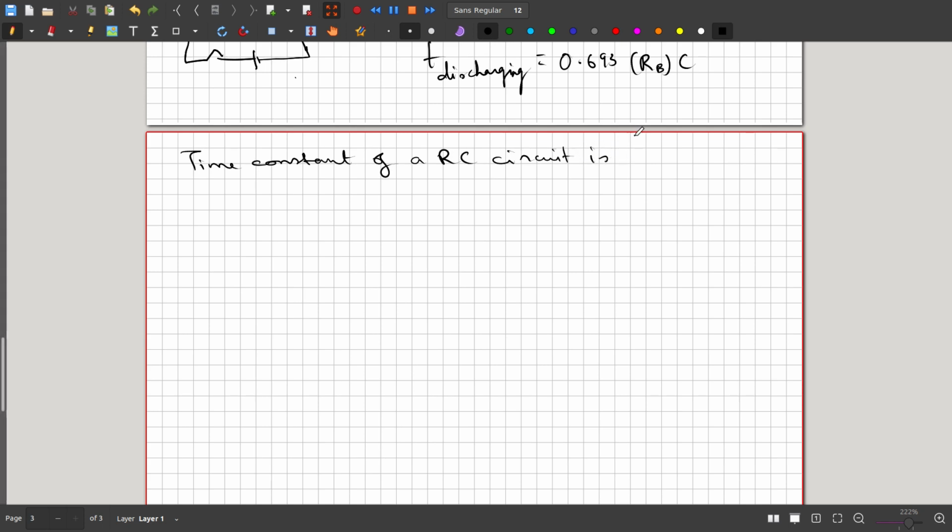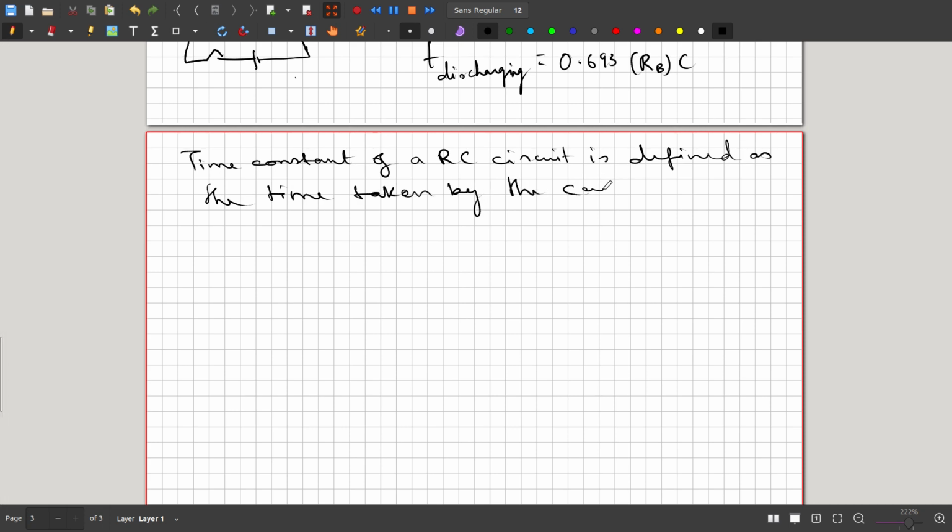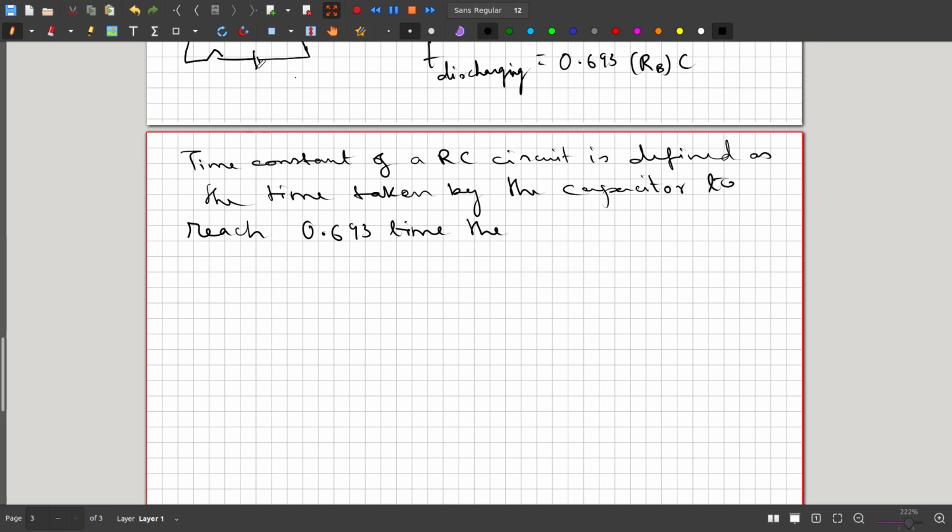is defined as the time taken by the capacitor to reach 0.693 times the input voltage Vi.